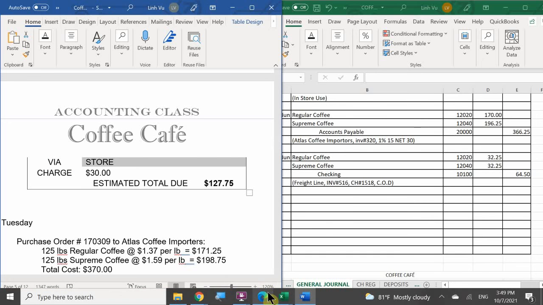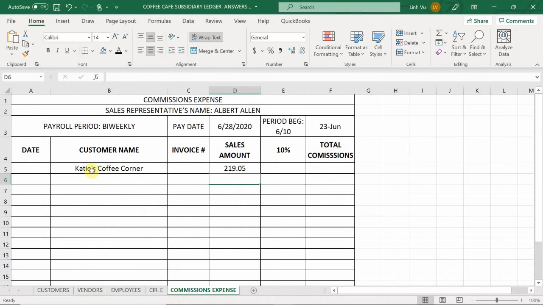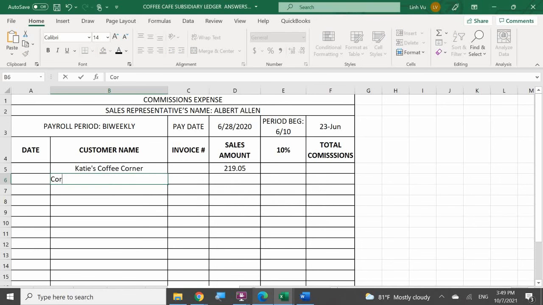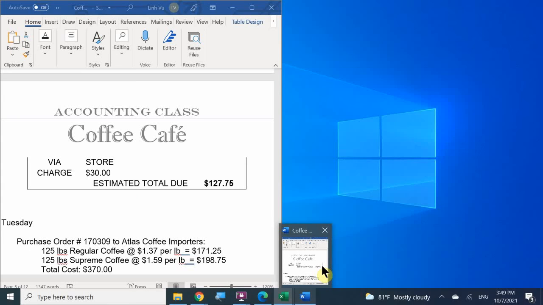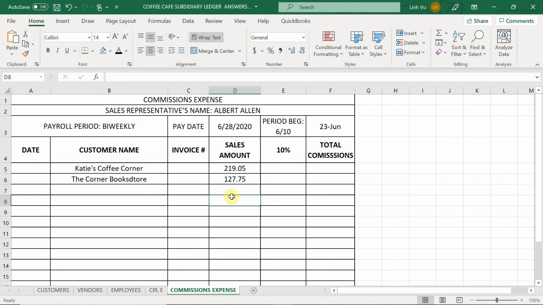Here we're going to go to our commissions, because now Albert has another potential sale to Corner Bookstore for a grand total amount of 127.75. Let me double confirm that. 127.75. Okay, good. Now we didn't put any invoice number.